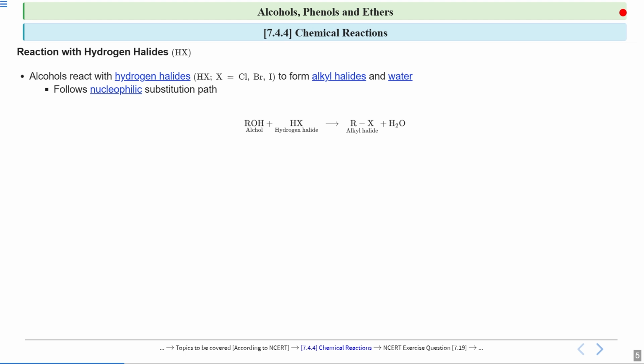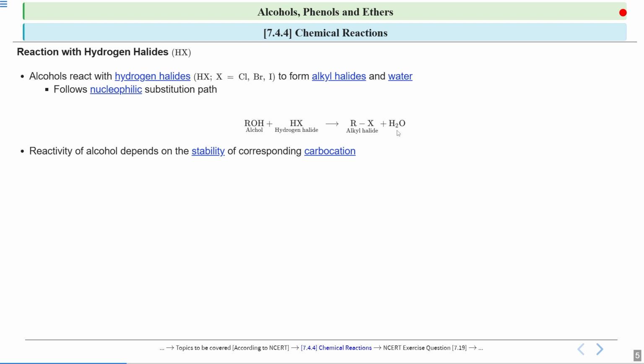And once the carbocation is formed, the halide, that can be chlorine, bromine or iodine, will attack that carbocation, because here the halide acts as a nucleophile. It has electrons to donate and the carbocation is electron deficient. So this halide will attack the carbocation and form alkyl halide, plus water is being released.